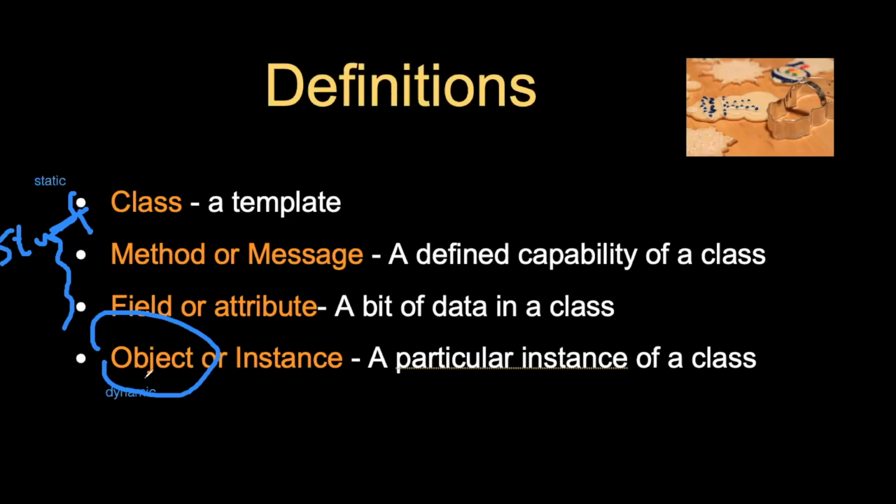When we're talking about objects and instances, these things have memory in them at runtime. Static means non-compiled, non-runtime. Runtime means in real time, and the class has been instantiated. Instantiated meaning created, meaning there's memory associated with it. So instance and object are pretty much the same thing.